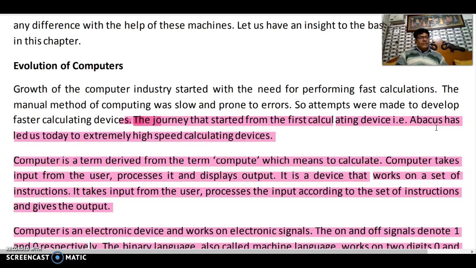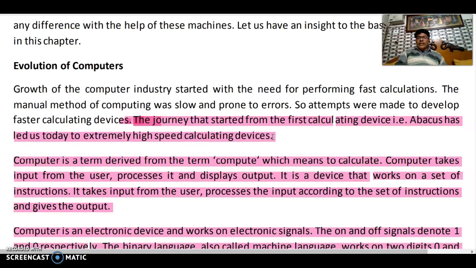Very small kids, from class 4 or class 6 to class 8, used to learn abacus, and using that device, they can do faster calculation than anybody else. So from that device to today's computer, that is the evolution.